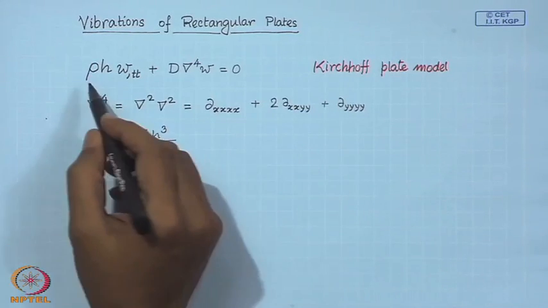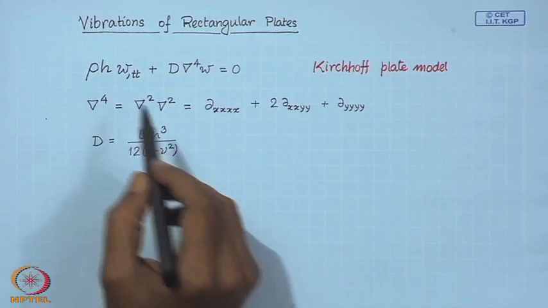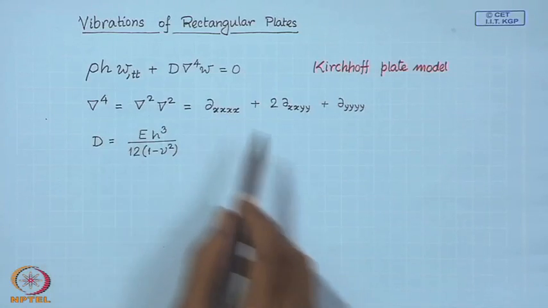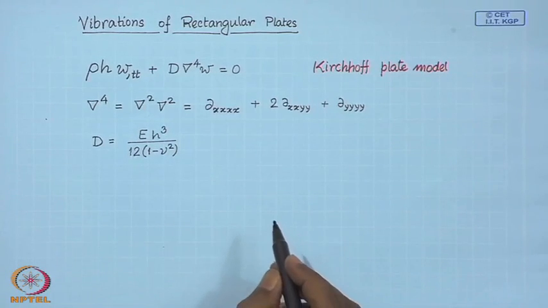So, here of course, rho is the density of the material of the plate. So, this is the Kirchhoff plate model for a plate with constant thickness.